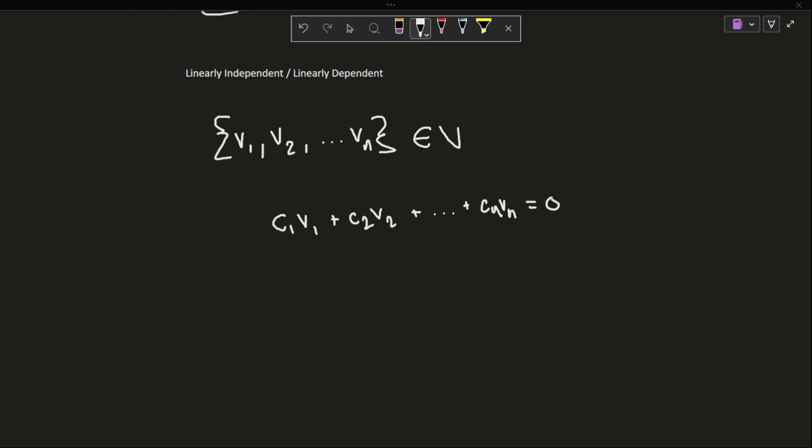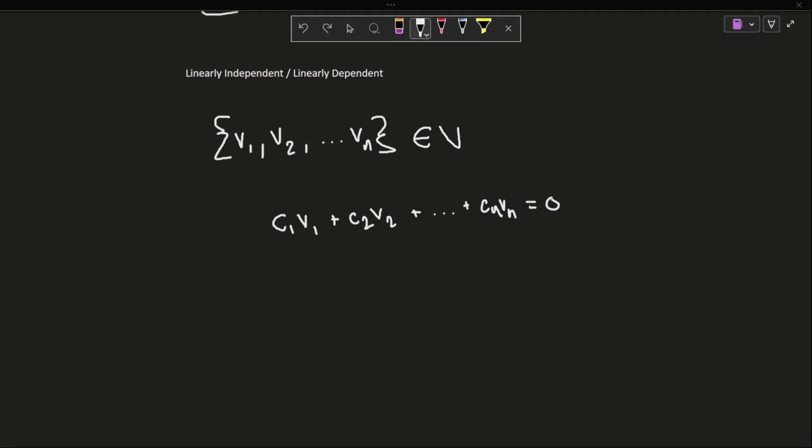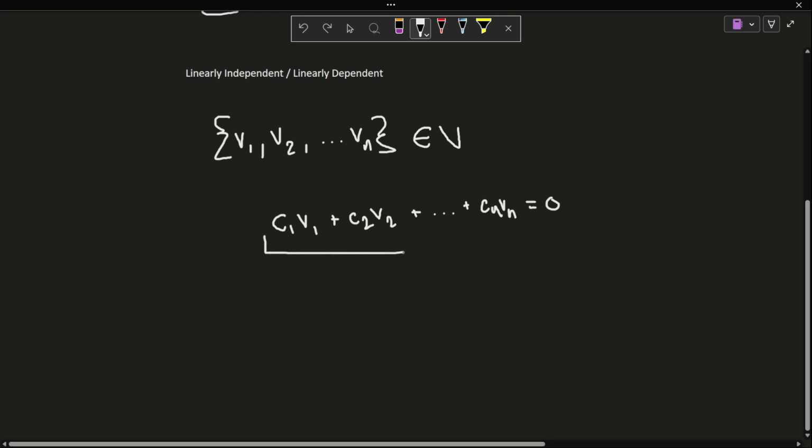We call that non-trivial, so trivial versus non-trivial. Our solutions to this equation need to be non-trivial: at least one of them has to be non-zero. Trivial would mean that it equals 0, and non-trivial would mean that it's not 0. If there exists a non-trivial solution, then the vectors are linearly dependent.